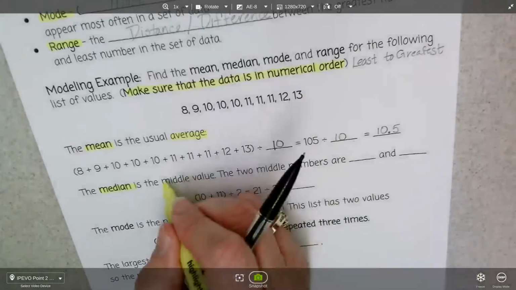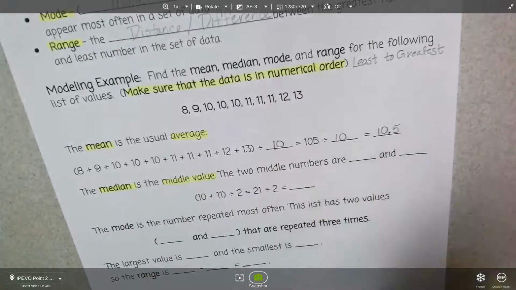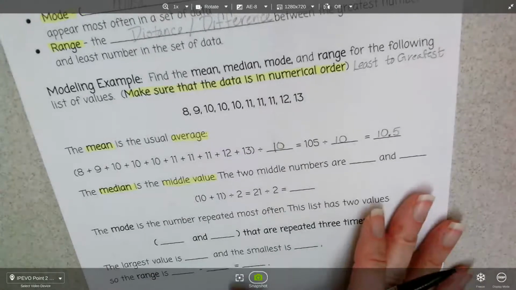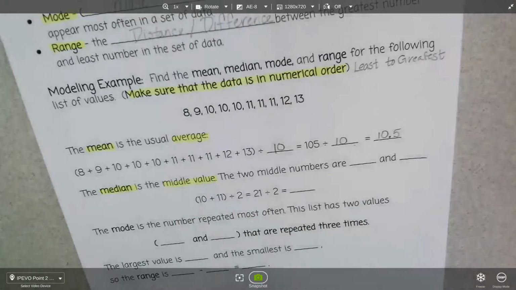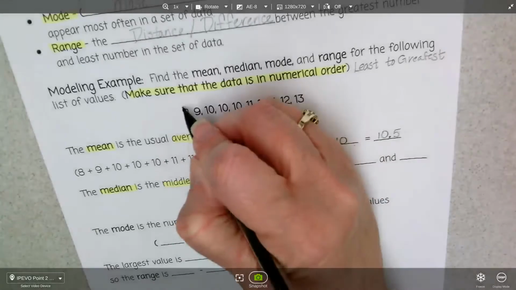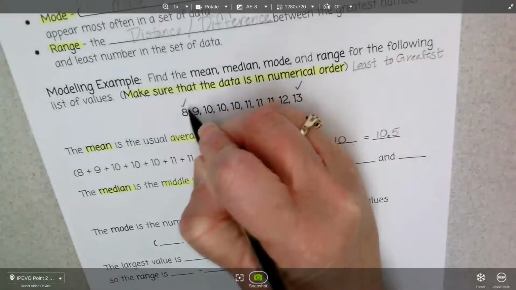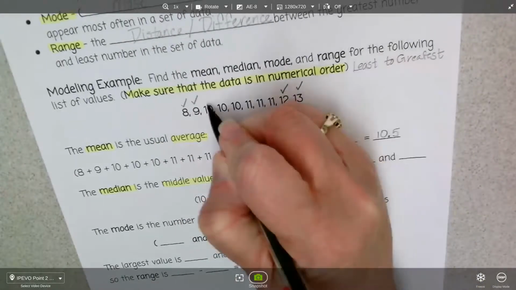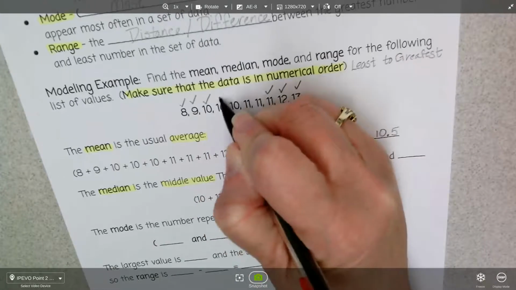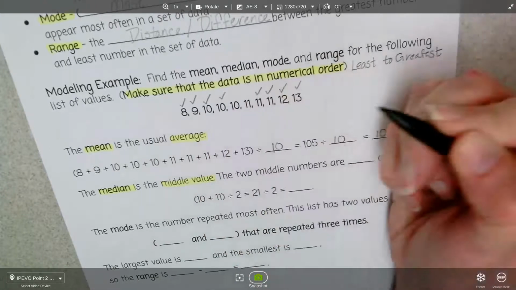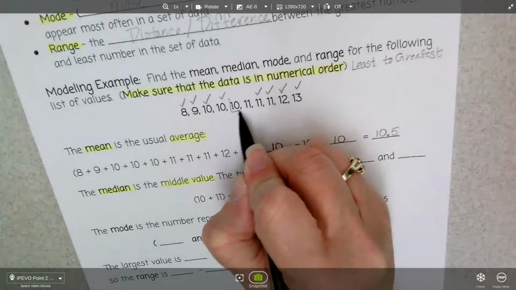The next thing we're going to do is find the median. The median is the middle value when your numbers are in order from least to greatest. The best way to do that is to have them in order and then mark off the least one, the greatest one, and so on till you get to the middle. In this case, we have two numbers in the middle.